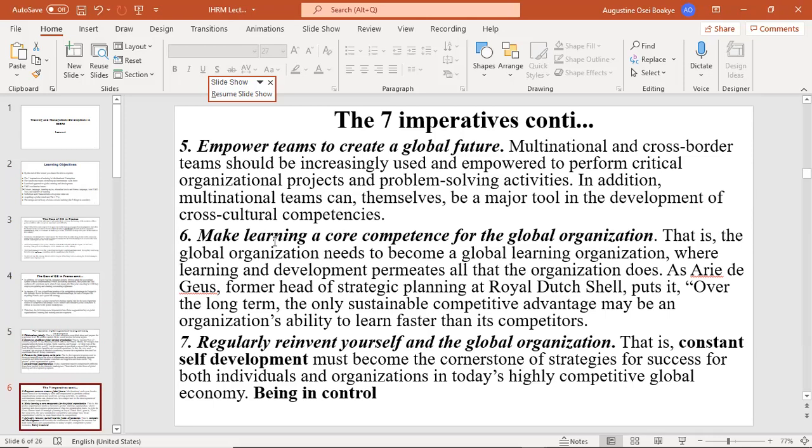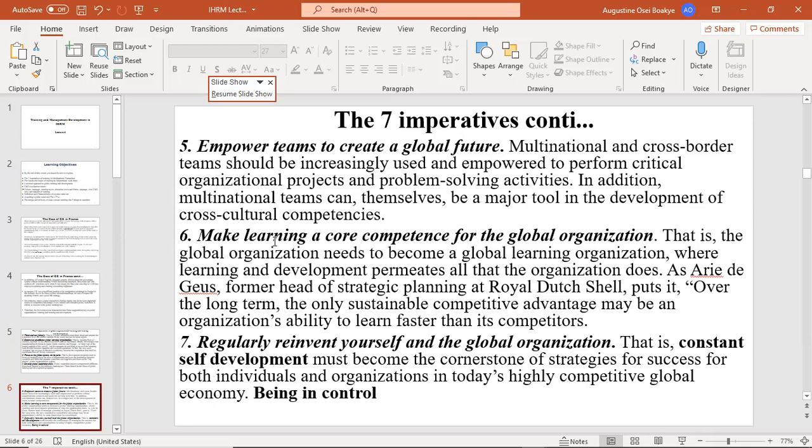And as Ari De Geus, a former head of strategic planning at Royal Dutch Shell, puts it, over the long term, the only sustainable competitive advantage may be an organization's ability to learn faster than its competitors. And so learning must be the only avenue that is driving the change and development of a multinational enterprise.